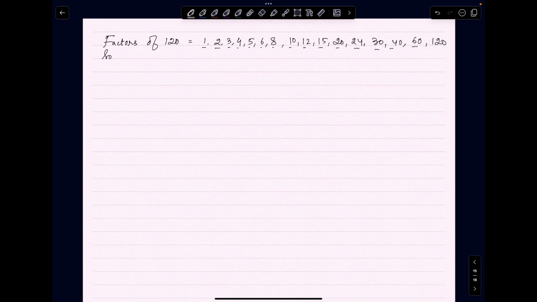So I am going to write the possible values of A, B and C. What are the possible values of A, B and C?